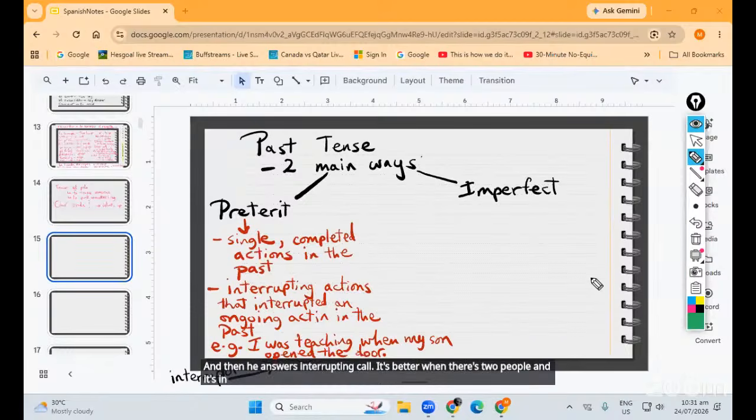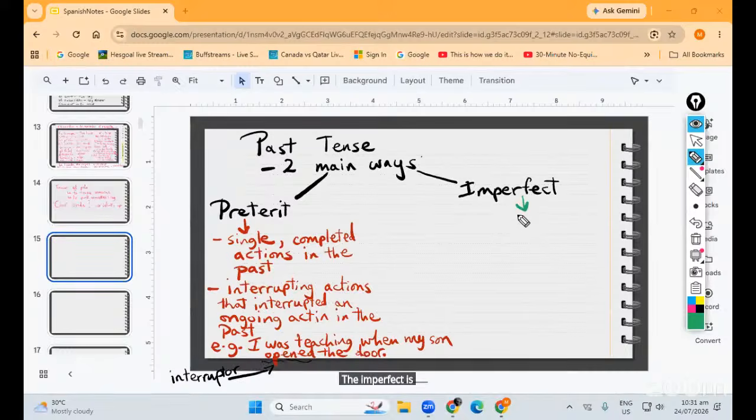All right, next one is the imperfect, right? The imperfect is for an action that is going on for a while in the past. So it's an ongoing action in the past. It may have been completed, but it could still be going on right now.